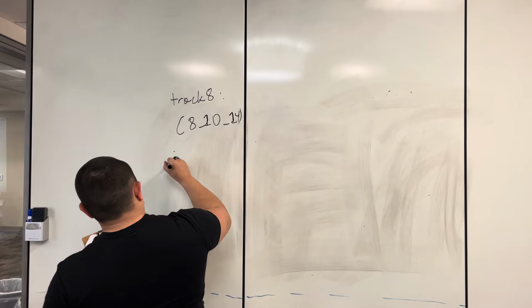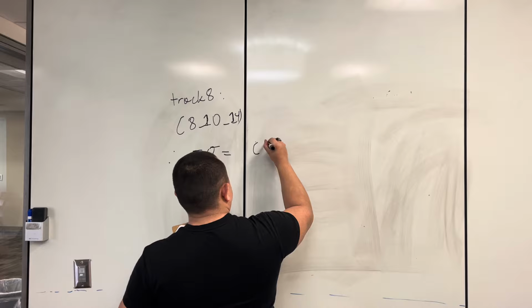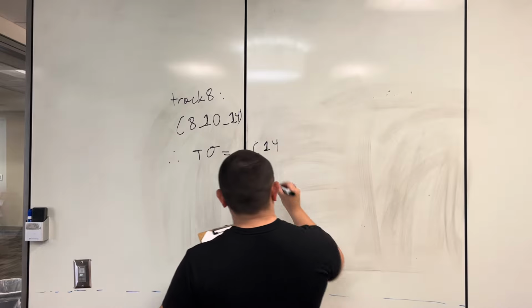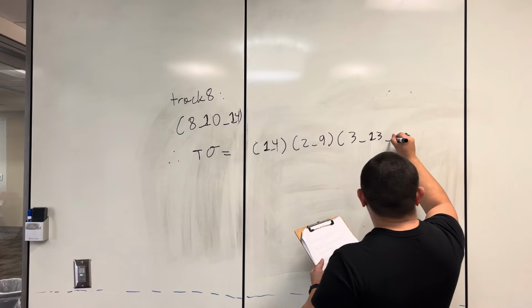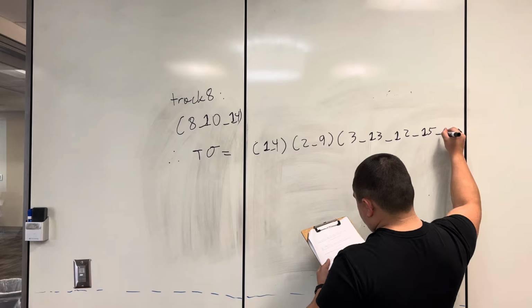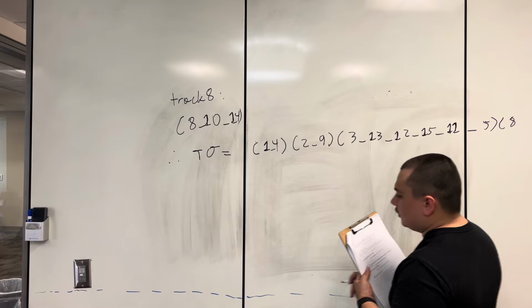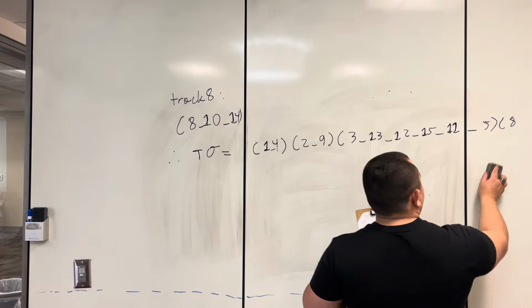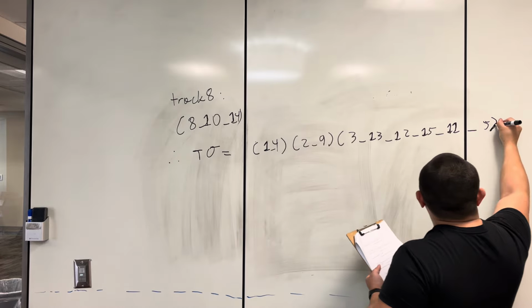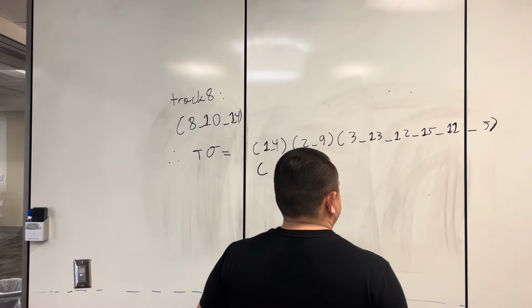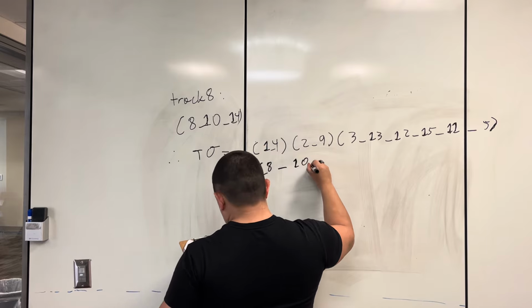Therefore, tau sigma, remember, our menagerie, is (1 4)(2 9)(3 13 12 15 11 5)(8 10 14).